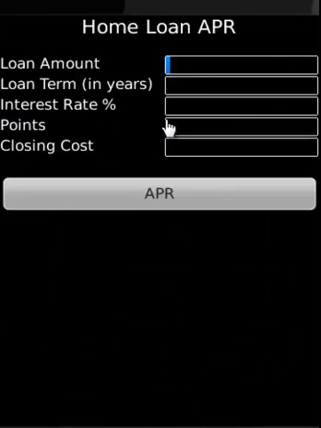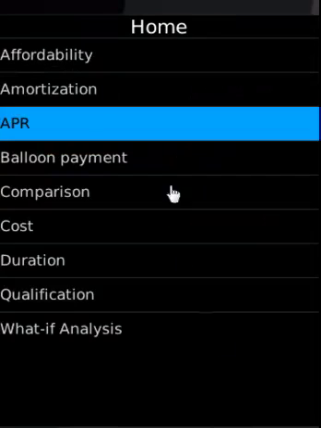Loan APR: say 575,000, loan term is 30 years, interest rate is 5.5%, points is 1%, and the closing cost is 15,000. In that case, this is what the APR is.